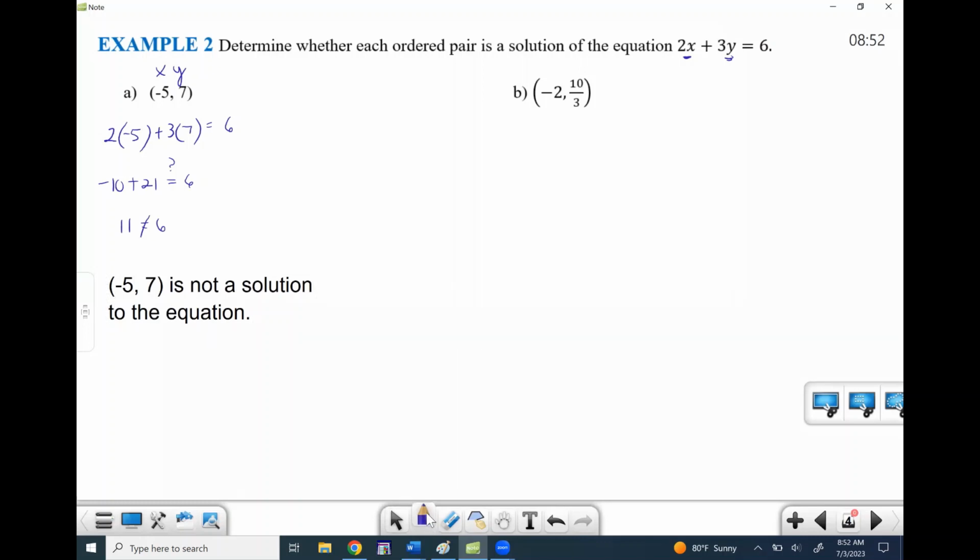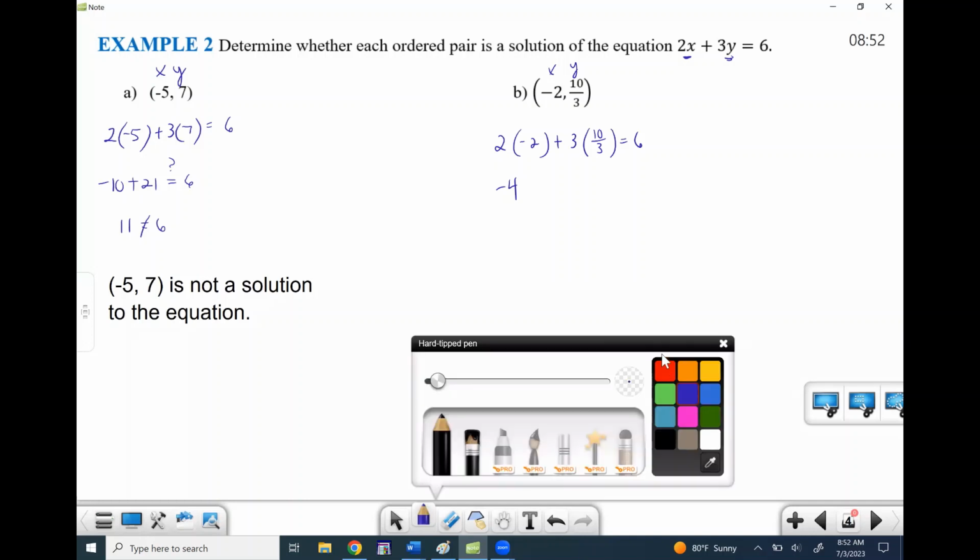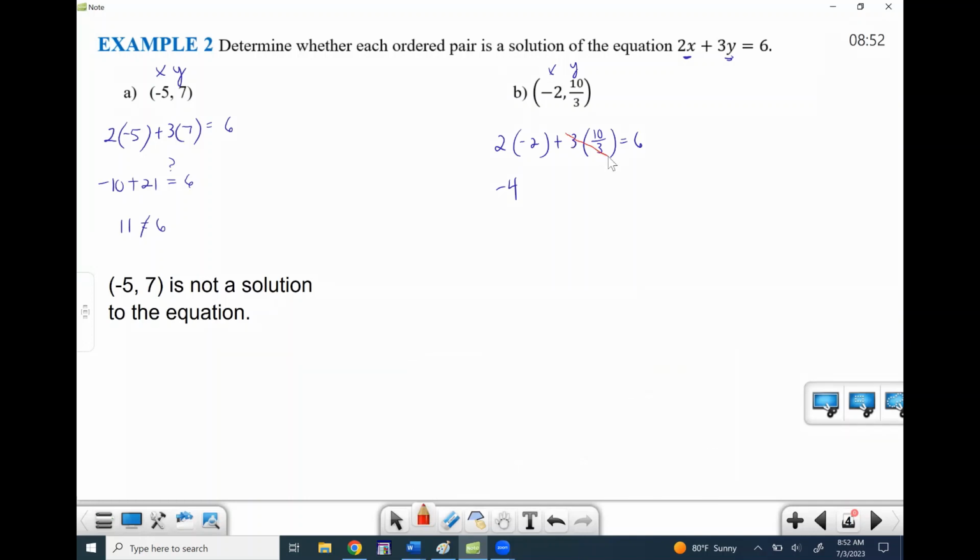So we're going to go ahead and substitute 2 in for the x and 10/3 for the y. I'm just going to keep doing decimals and fractions because I know that's what we struggle with, which means that's what we should be doing most often. So I'll always try to pick some equations that have decimals and fractions. All right, 2 times -2 is -4. And here we can cross cancel the 3's. So that's going to just leave us with a 10.